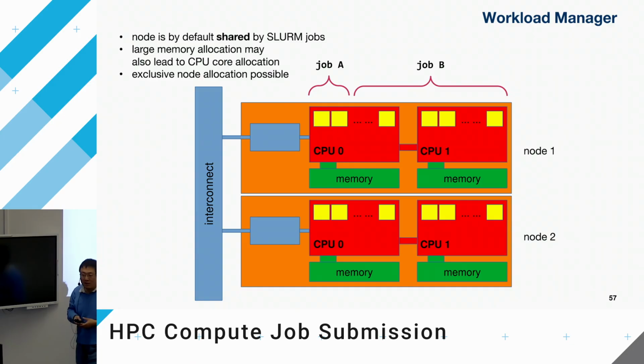This makes sense. So in some cases, if more memory is used, then correspondingly more CPU cores are also allocated.